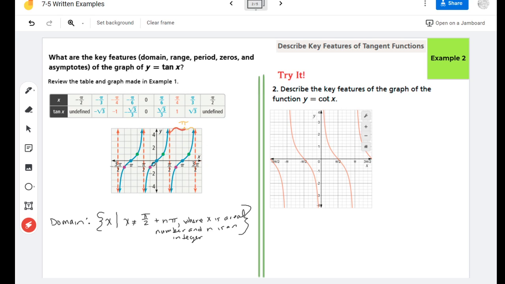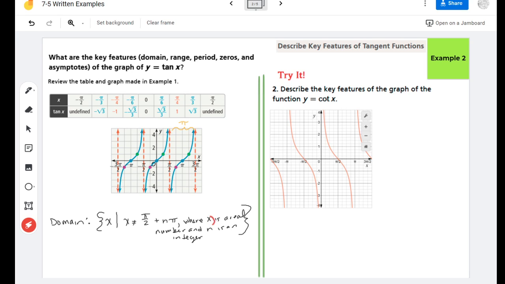So every increment of pi after pi over 2 or before pi over 2 has another asymptote. So we have to describe that. When we say x is not equal to those, this is describing an asymptote. And the plus n times pi is telling us that it skips pi over and over and over.